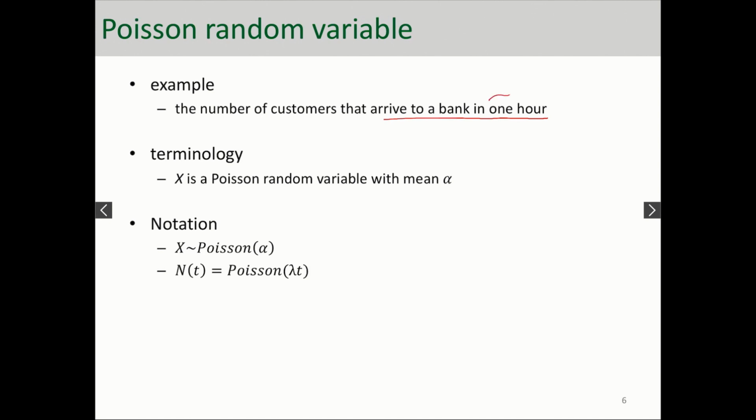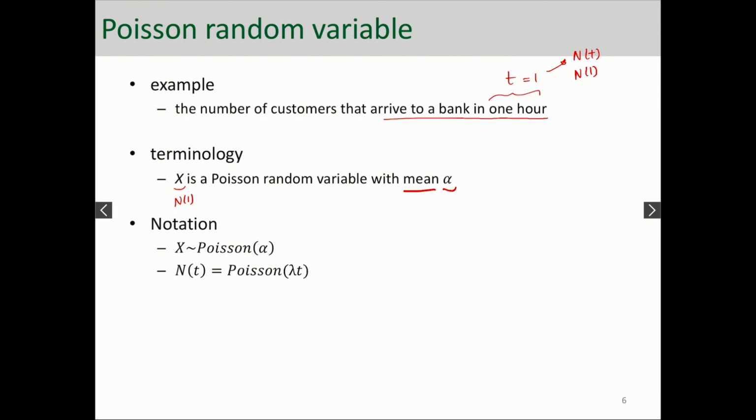Well, obviously this 1 hour is giving you the t. So t is 1 hour. Basically your random variable is going to be N of t, which in this case is going to be N1, and this N1 or X is a Poisson random variable with some mean of alpha.